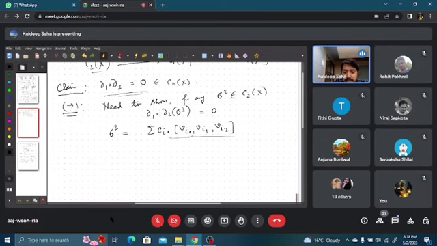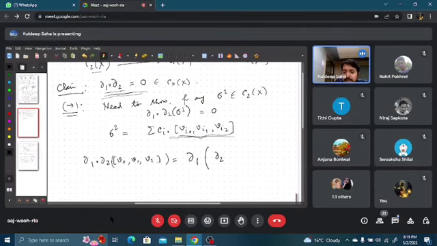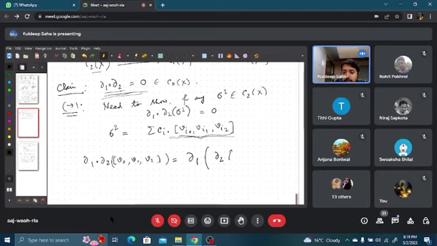If I can show that for the generators this equality holds, then I am done, since it will hold for any linear combination. So let us take an arbitrary generator V0, V1, V2, and apply delta 1 composed with delta 2. This is the same as delta 1 applied on delta 2 of V0, V1, V2.